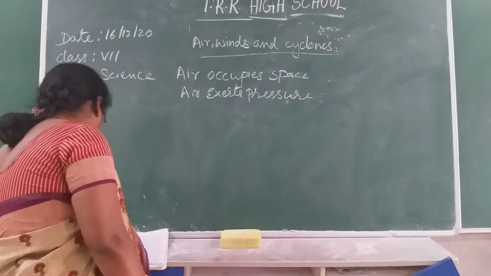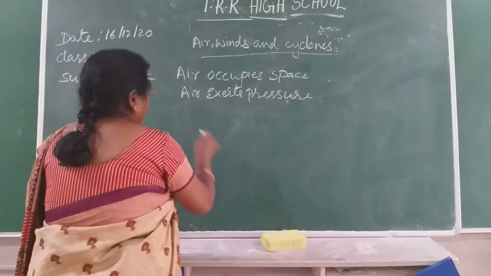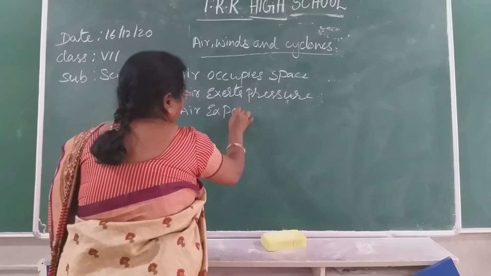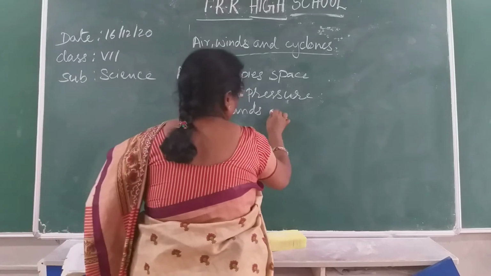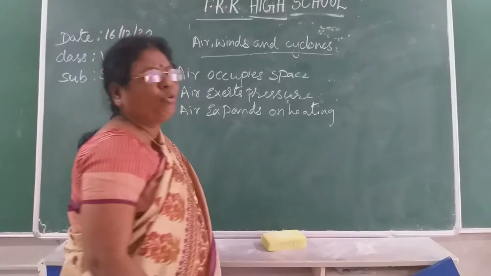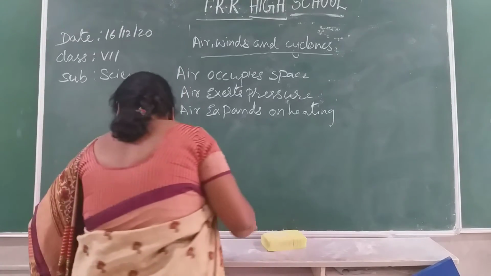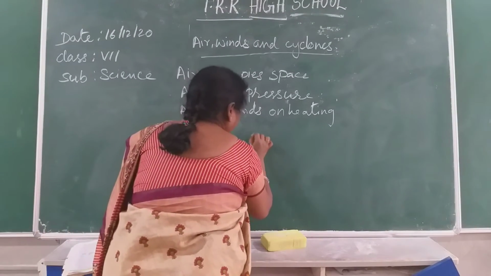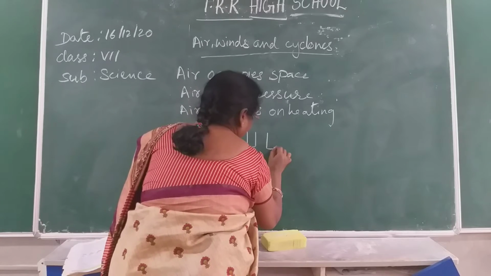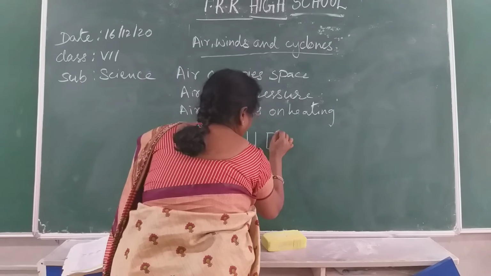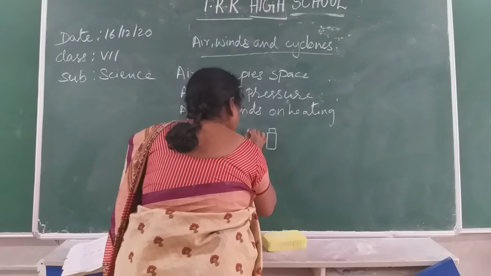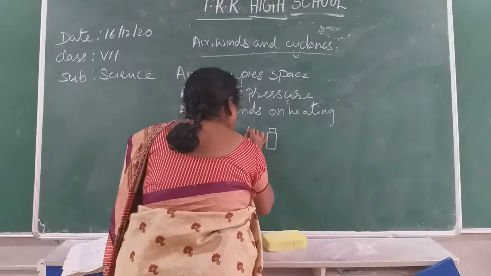Now coming to the next, air expands on heating. See here, take two injection bottles. Here I will explain to you. Take two injection bottles with a one-hole rubber stopper.